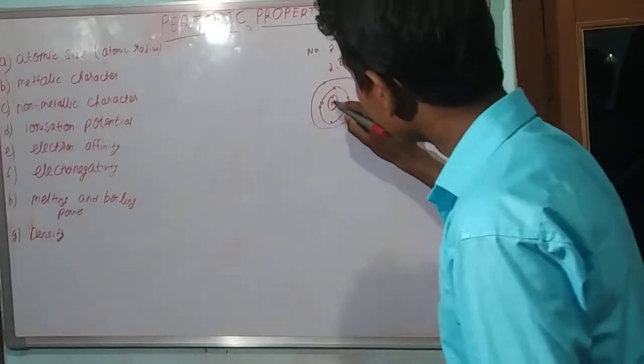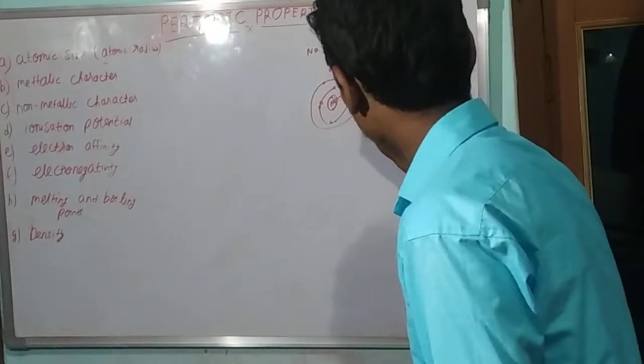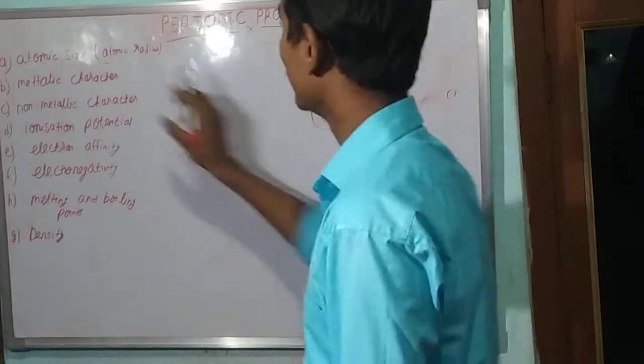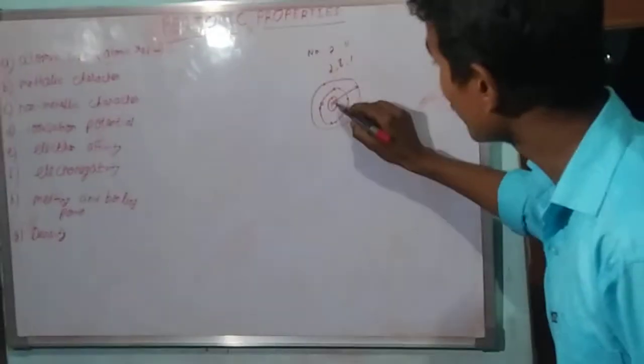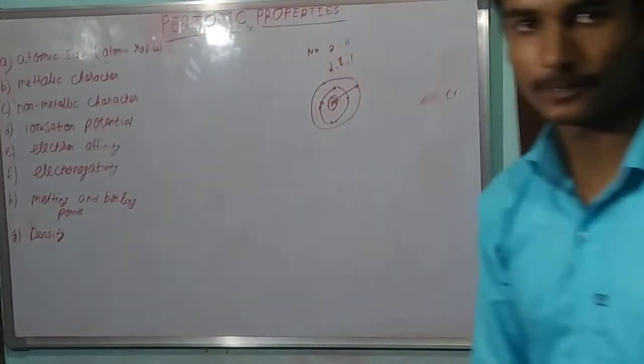The distance between the nucleus and the outermost shell is called the atomic radius.